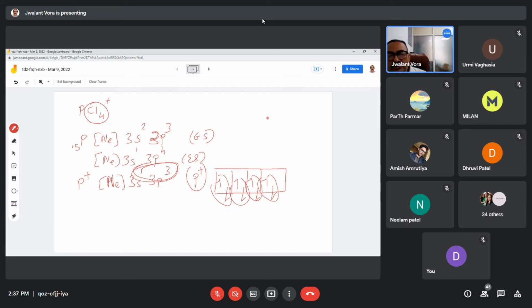So the shape should be regular tetrahedral, Cl, Cl, Cl, Cl, with a regular 109 degrees 28 minutes. So PCl4 plus has a tetrahedral shape. Of course, this can be had with Cl minus, but anyway, this is not required.